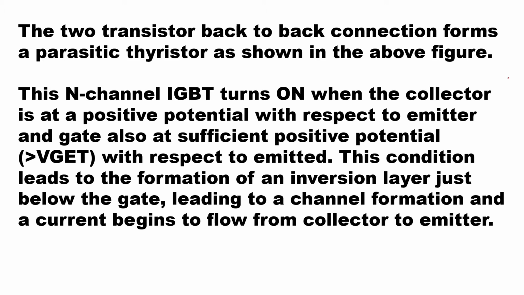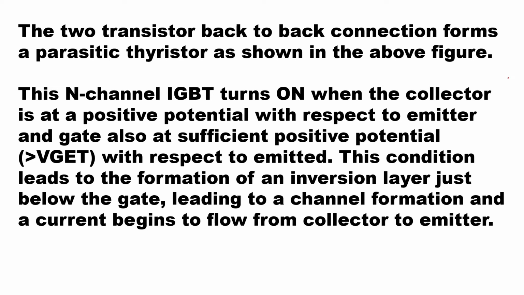This N-channel IGBT turns on when the collector is at positive potential with respect to the emitter, and the gate is at sufficient positive potential, more than the threshold voltage VGE(th) with respect to the emitter. This leads to the formation of an inversion layer just below the gate, because negative charges form in the p-type layer. This is called the inversion layer, leading to channel formation, and a current begins to flow from collector to emitter. This is what we can conclude on the working of the IGBT.